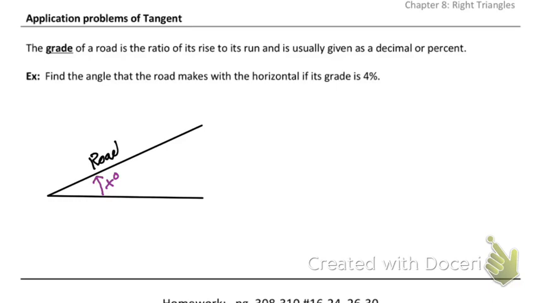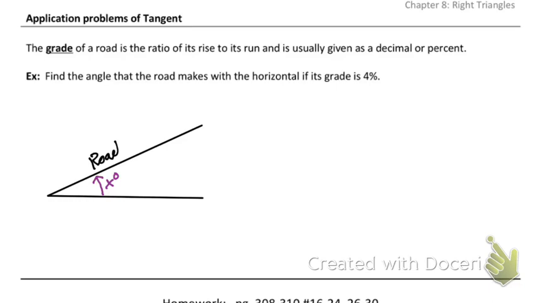All they gave us was a grade. They said the grade is 4%. Here's the thing about percents. Percents are a placeholder for something we should already know is actually happening. Percent, per the word, cent means 100, correct? Because if you have a century, you have 100 years. If you have 1 cent, that's 1/100th of a dollar.